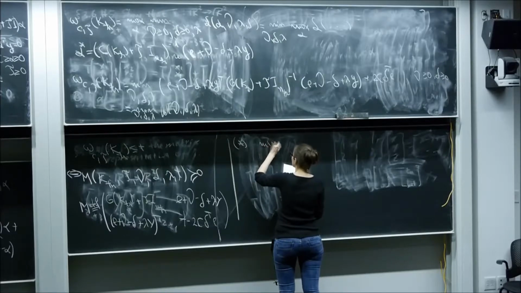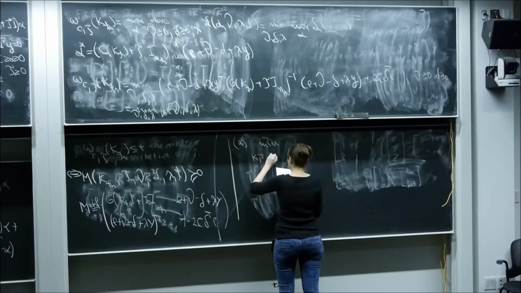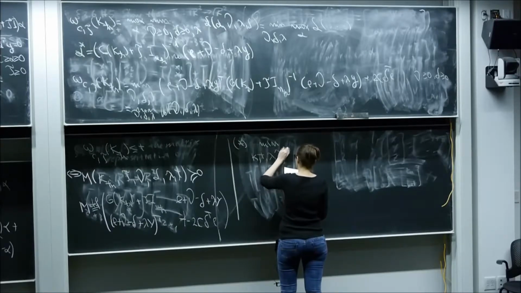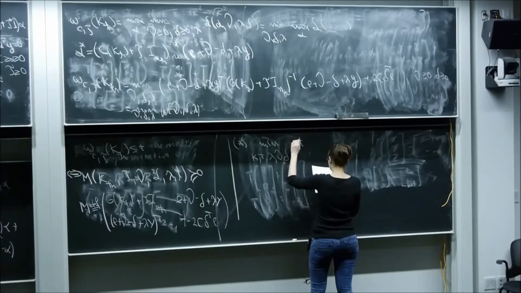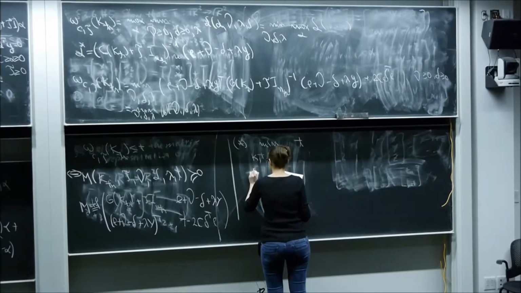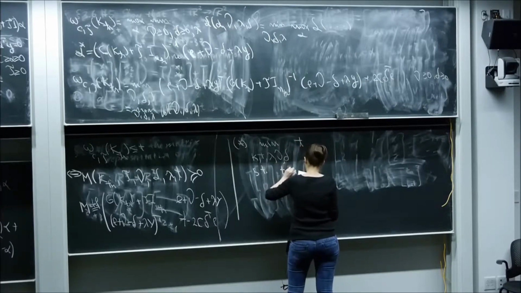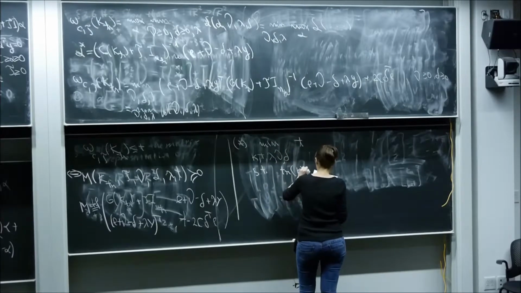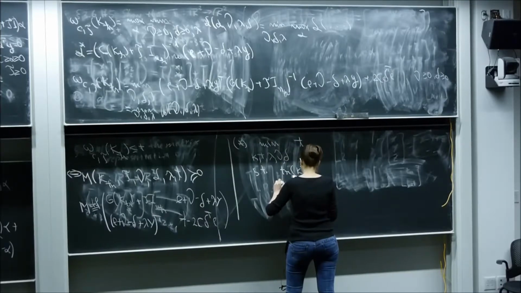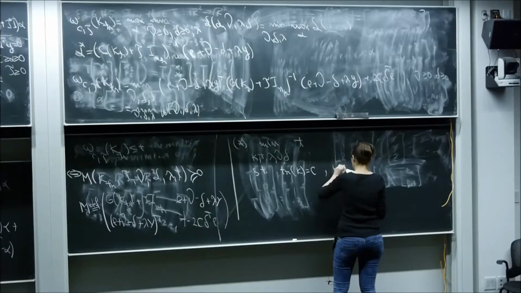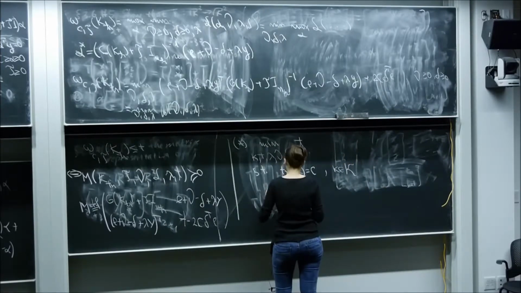Minimum over K, T, lambda, delta, and eta T, such that we have the trace constraint, and K needs to be in some subset of the positive semi-definite cone.